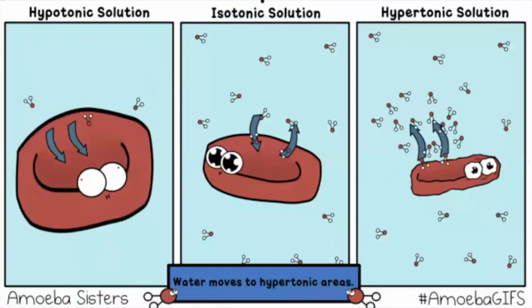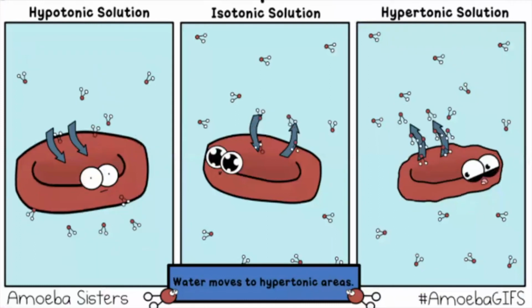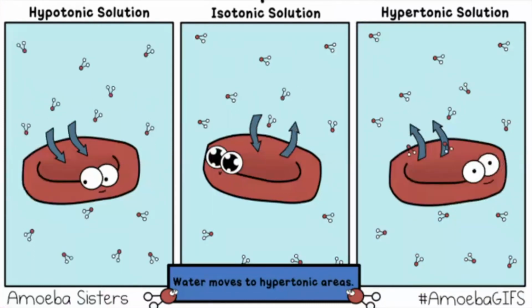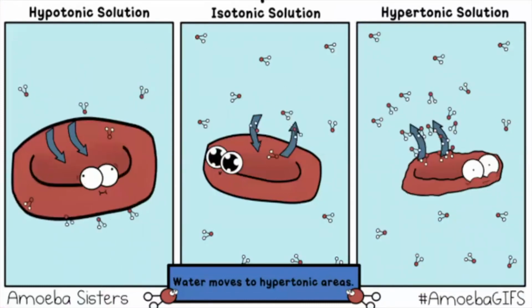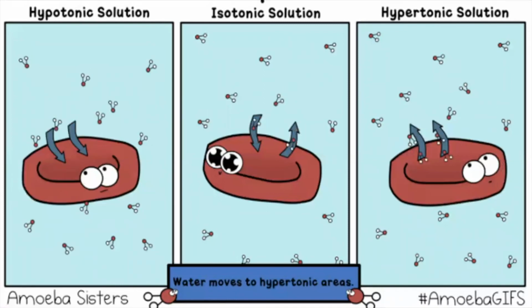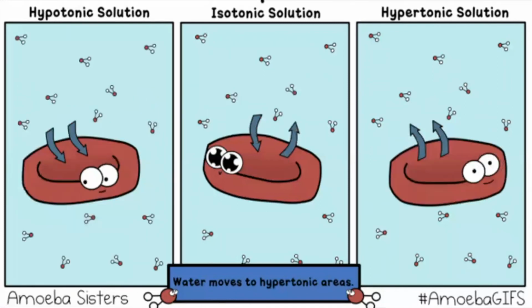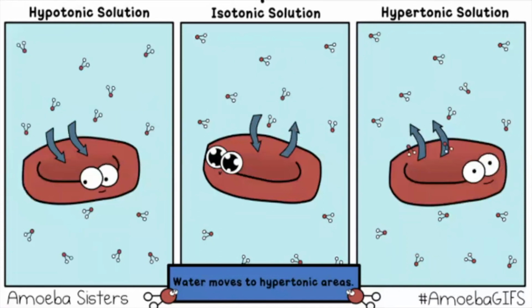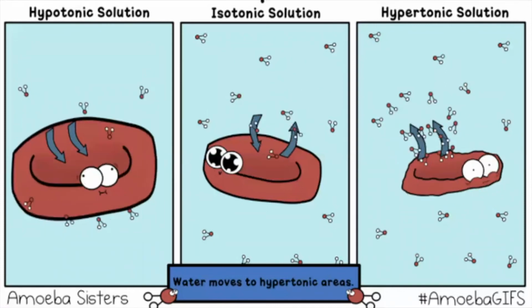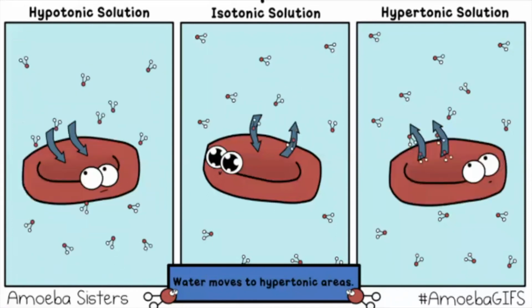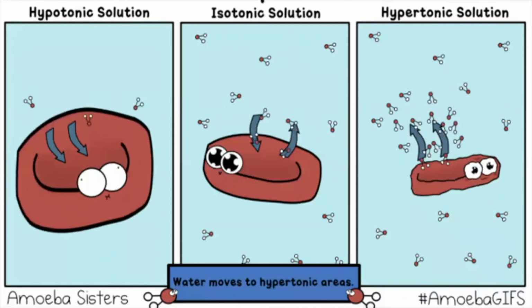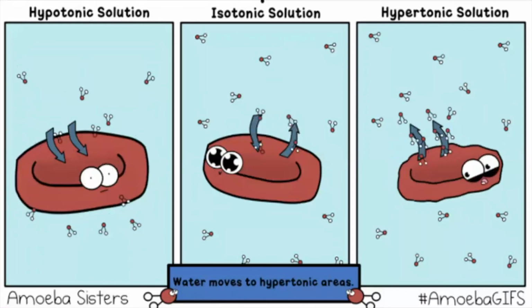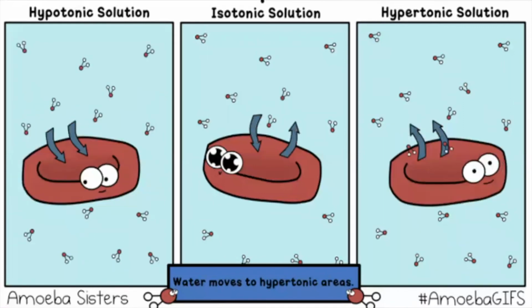So, meaning papunta sila sa cell, it would lead to, hypotonic, swelling or swollen RBC, and then bursting, and eventually hemolysis. In the middle picture, it is an isotonic solution. As you can see, if may nagpasok na dalawang water molecule, may maglabas din na two water molecules. So there is an equal movement of water molecules.